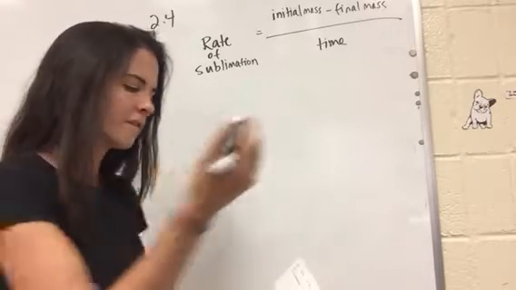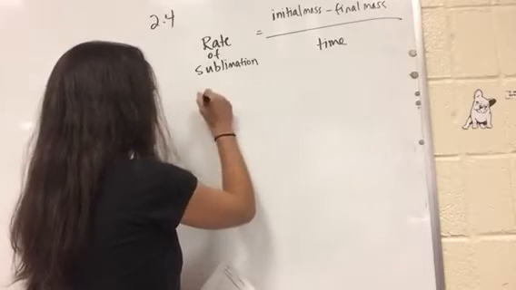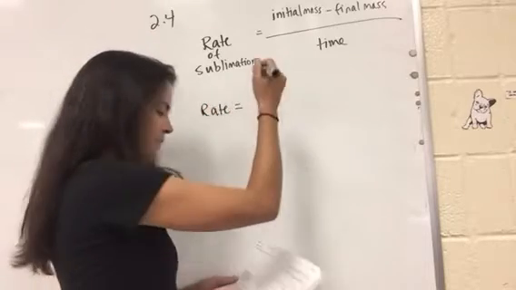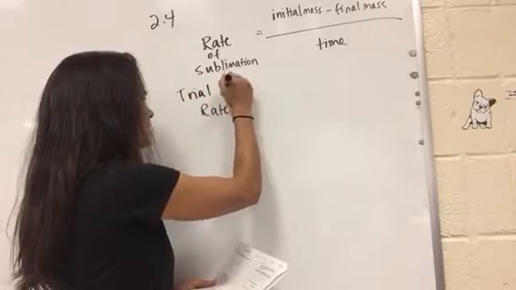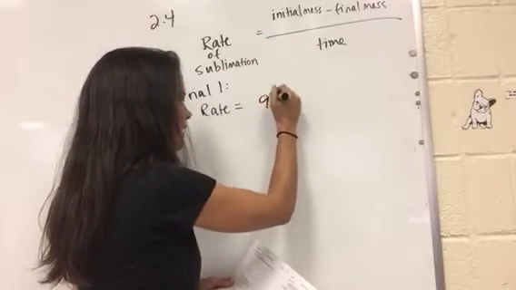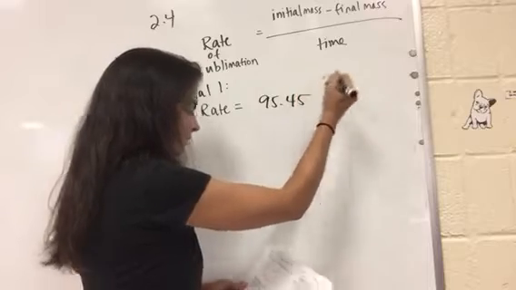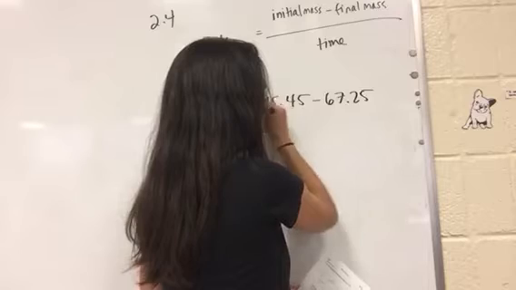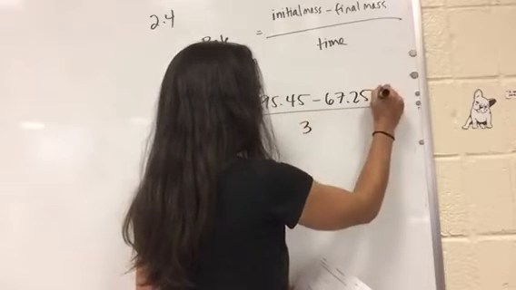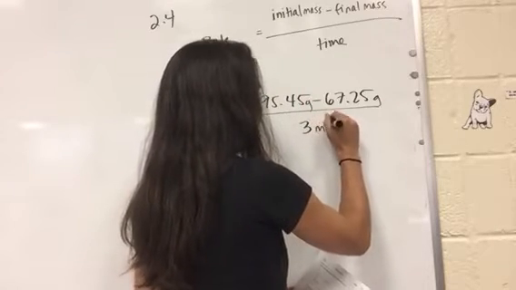So we're going to do our first one. So the rate should equal the initial mass for trial 1. Let's do trial 1 first. Is 95.45 minus 67.25 divided by 3. So these are all grams and this is minutes.